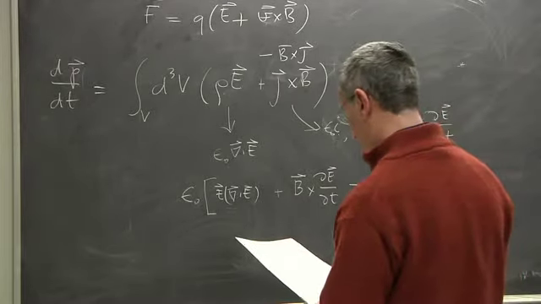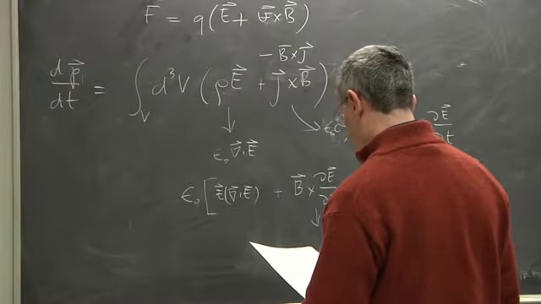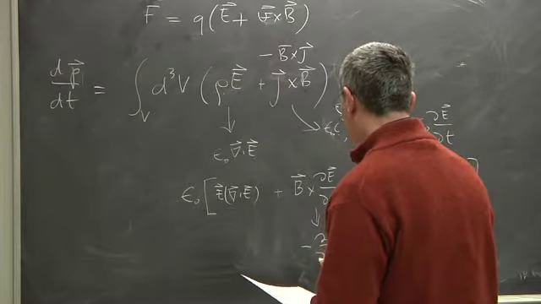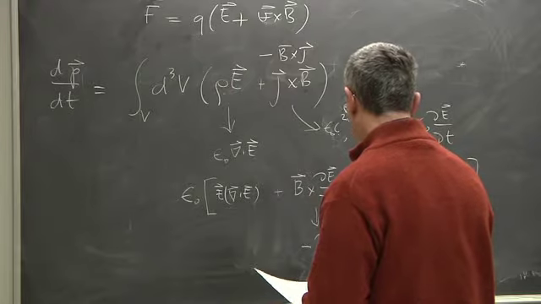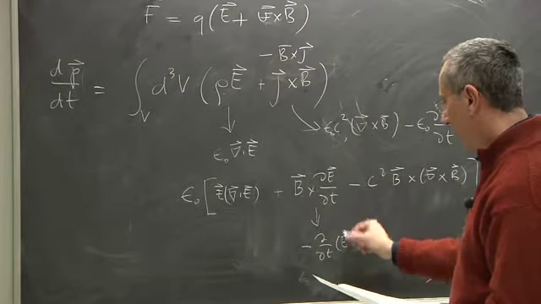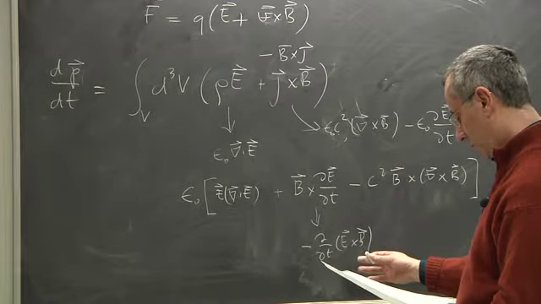Now, this term here is just minus d/dt of the Poynting vector, that is this. You see, I want to extract somehow something similar to the Poynting vector.